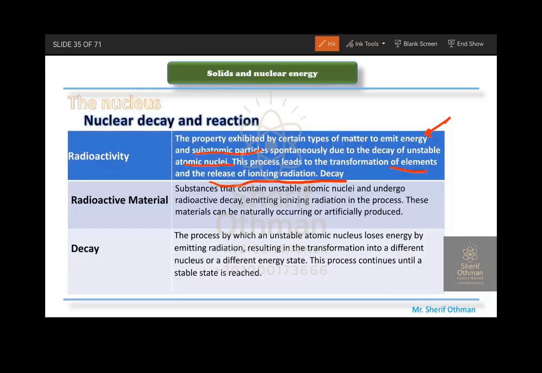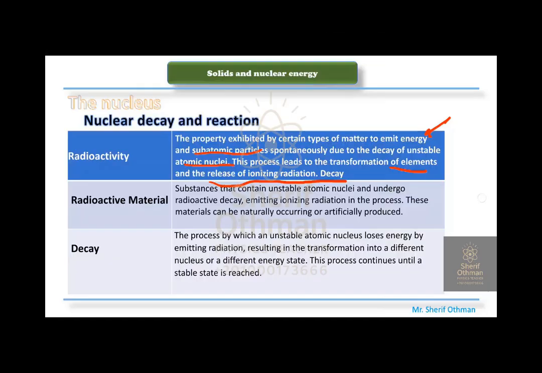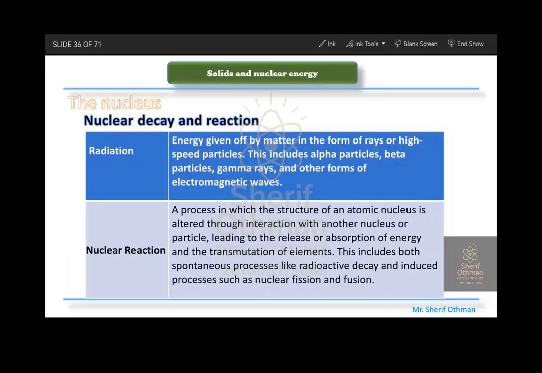Decay is the process which includes the losing of particles or even energy. It is the process by which an unstable atomic nucleus loses energy by emitting radiation, resulting in the transformation into a different nucleus or different energy state. This process continues until a stable state is reached. So, radioactivity is a phenomenon.